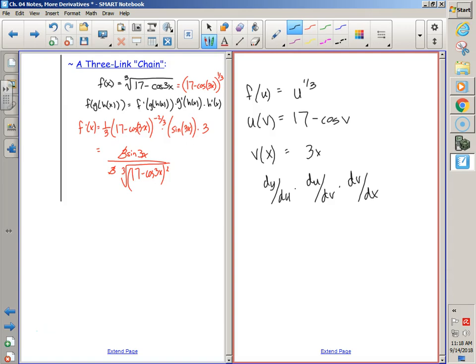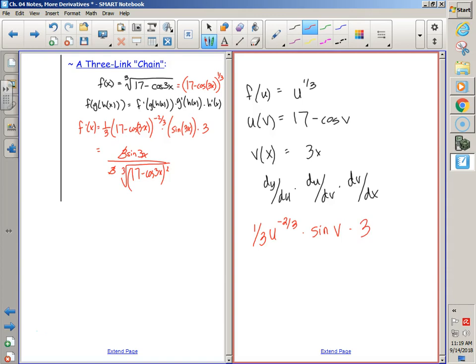You're done. How would it work? You would end up with, take his derivative, 1/3 u to the negative 2/3 times, take his derivative, 17 is just going to be 0, sine of v times, take his derivative, 3. How do you finish it off?